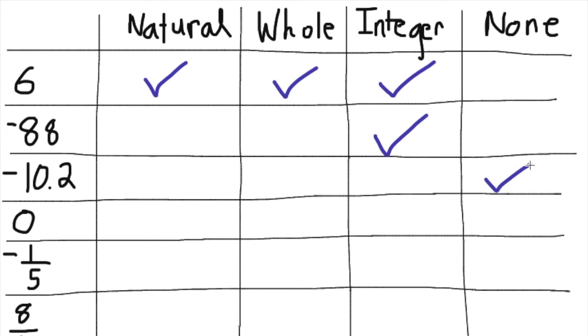The next one, 0, is a whole number and an integer, but it is not a natural number because natural numbers do not include 0. Negative 1 over 5 is not a natural, whole, or integer because negative 1 over 5 is equal to 0.2 as a decimal, and a decimal is none of these three.